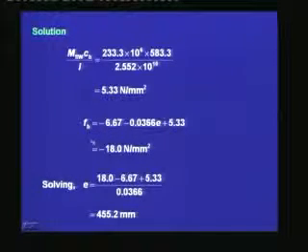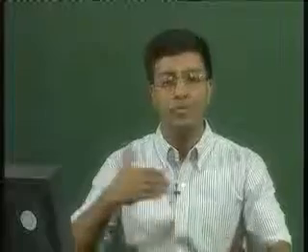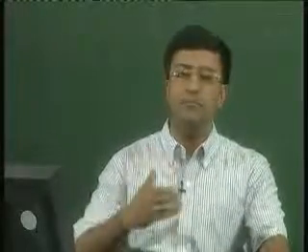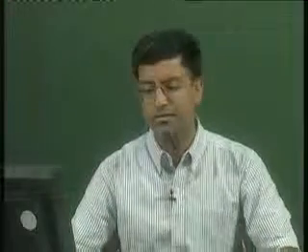Thus, the total stress at the bottom is equal to minus 6.67 minus 0.0366 times E plus 5.33 equal to minus 18 Newton per millimeter square. Thus, we are equating the stress to the allowable value, from which we are computing the maximum value of E, which is denoted as Emax.